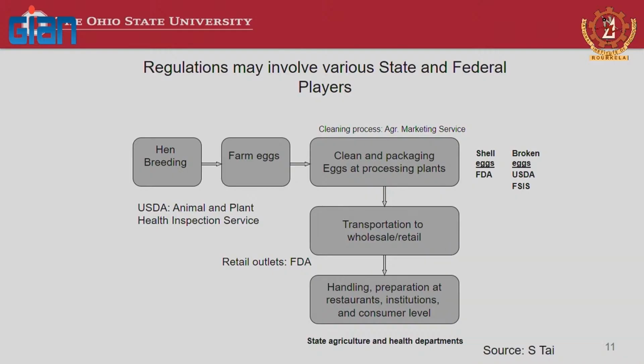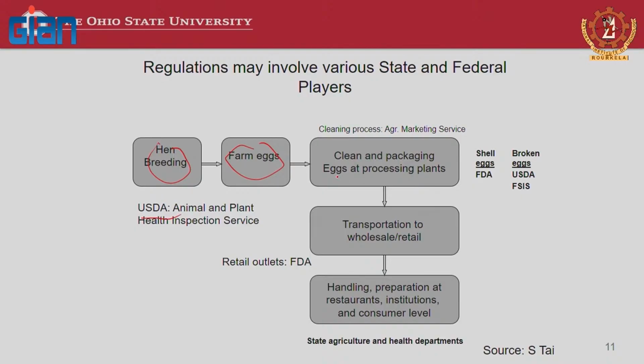We talked about FDA and USDA in the same processing plant, but it's also possible you may have a local health authority in your processing plant as well. Suppose you are doing some poultry processing, you may do some hen breeding producing eggs, and you may have USDA involved in that operation.